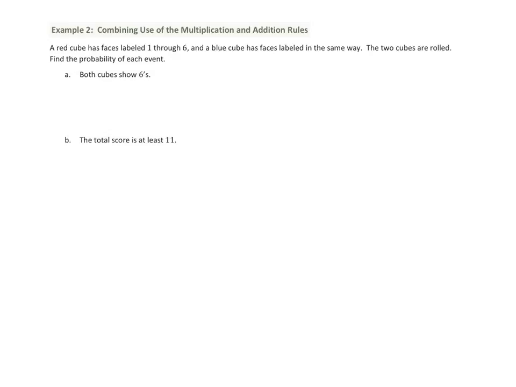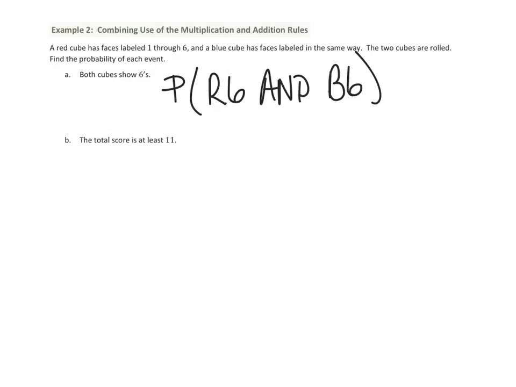If both cubes are 6s, I'm saying that's the probability that the red has a 6 and the probability that the blue shows a 6. Okay, notice both means the word "and".